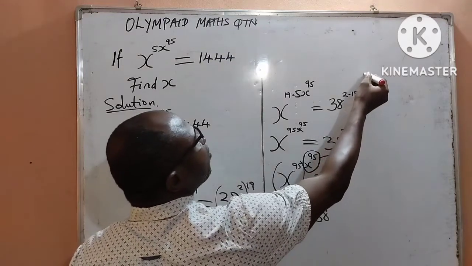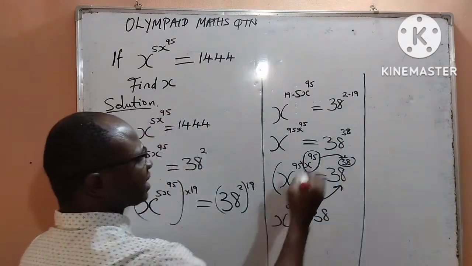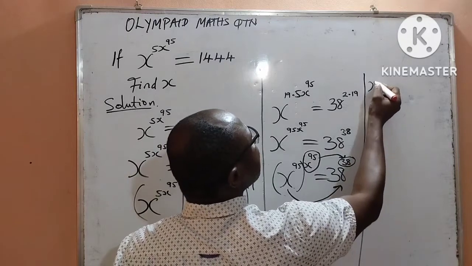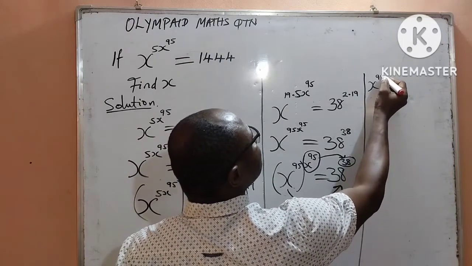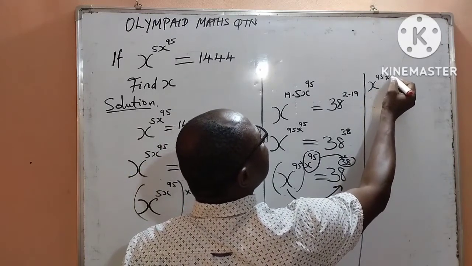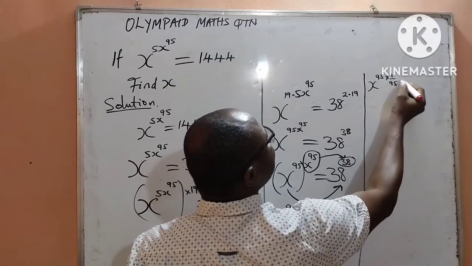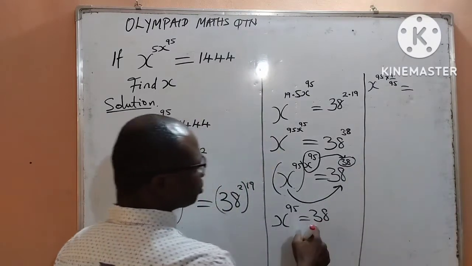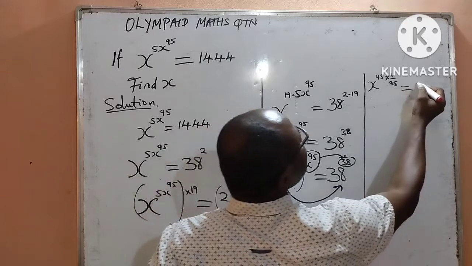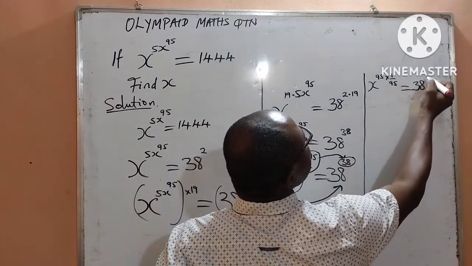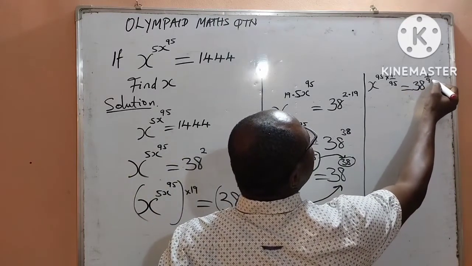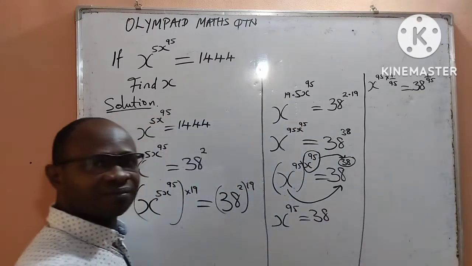Therefore, moving forward from this, we can now write that x power 95 multiplied by 1 all over 95 is equal to 38 raised to power 1 all over 95.